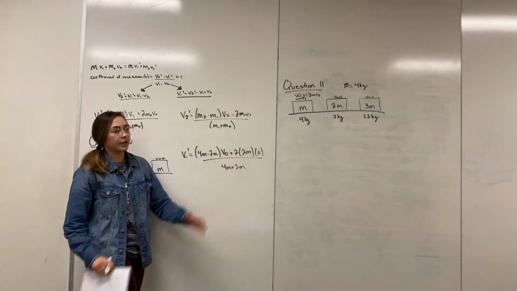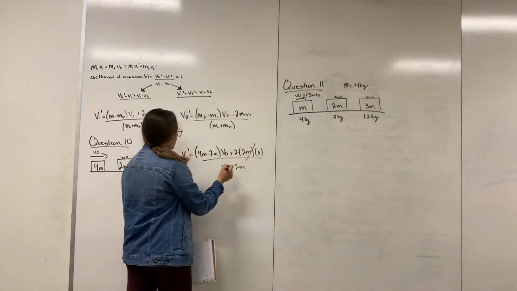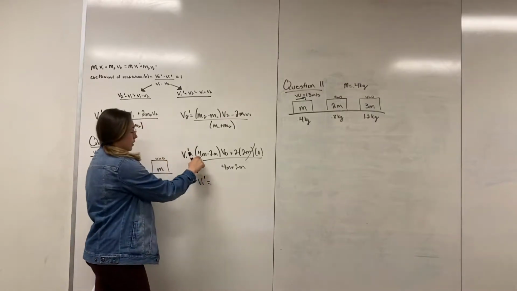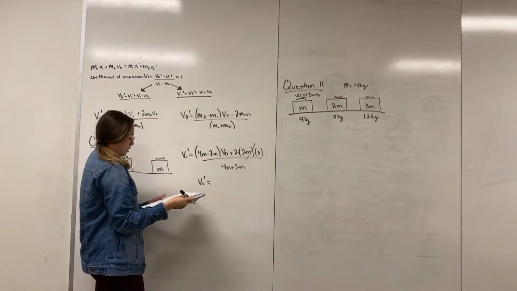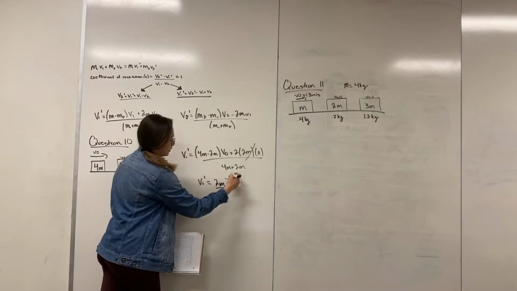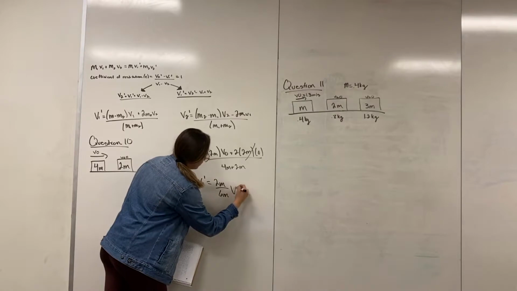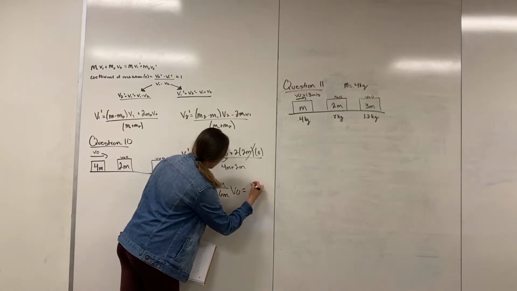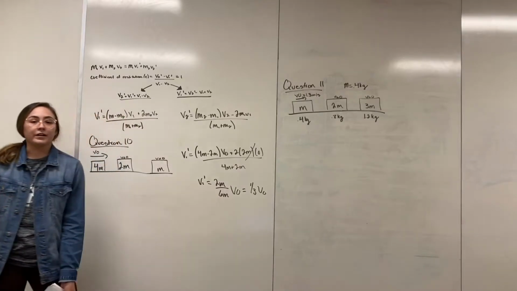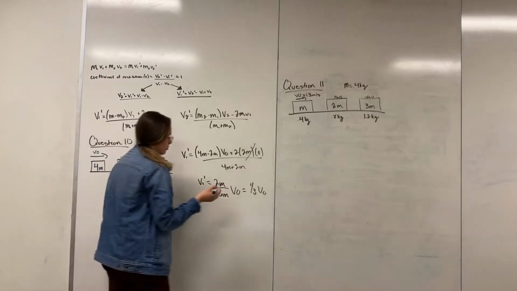So this part of our equation is going to be canceled out. So we're actually going to be left with 4m minus 2m, which is 2m, over 6m, V0, which when simplified is 1/3 V0. That is the final velocity for cart 1.